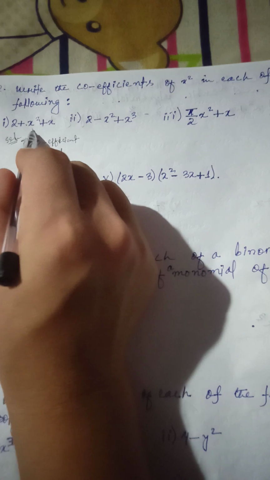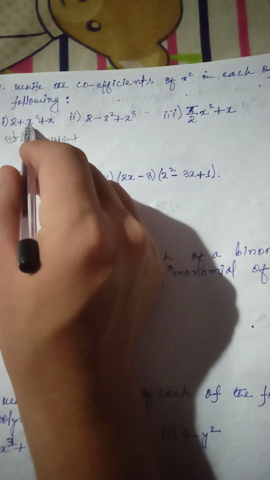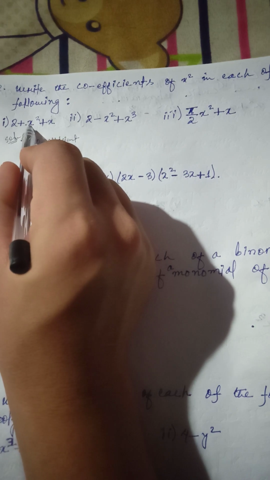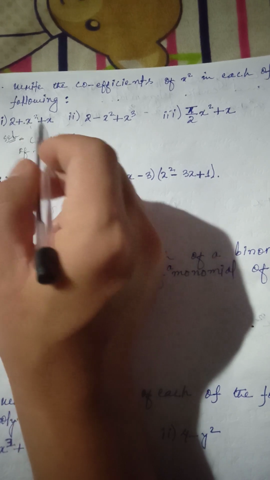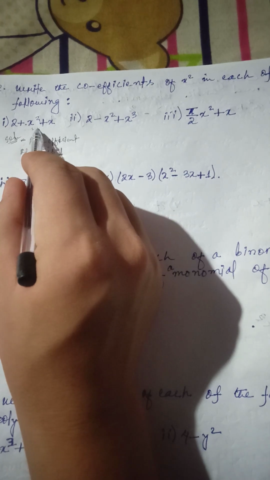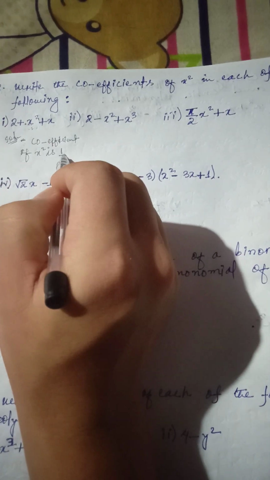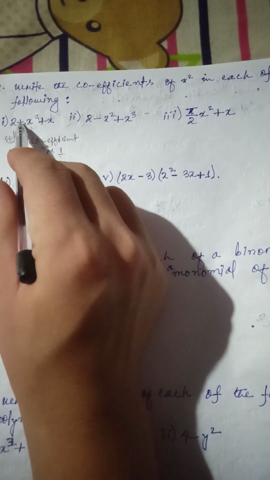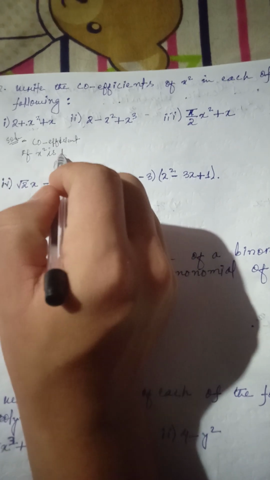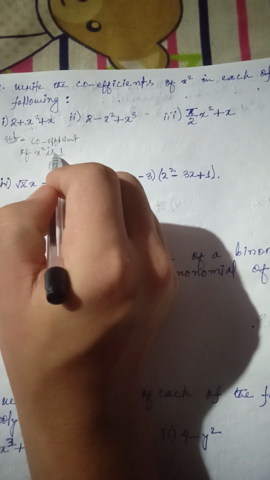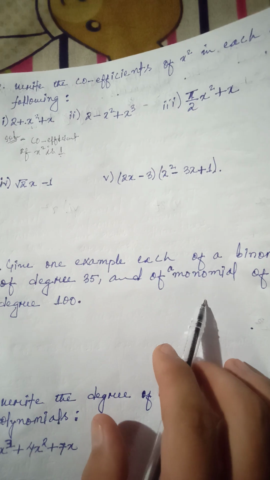If it talks about the coefficient of x squared, then we have to take whatever number is just before this x squared. According to that, in the first Roman number, the coefficient of x squared will be 1. If the sign is plus, then no need to write it. If the sign is minus, then we have to write minus here. Okay, so that's it for the first Roman number.